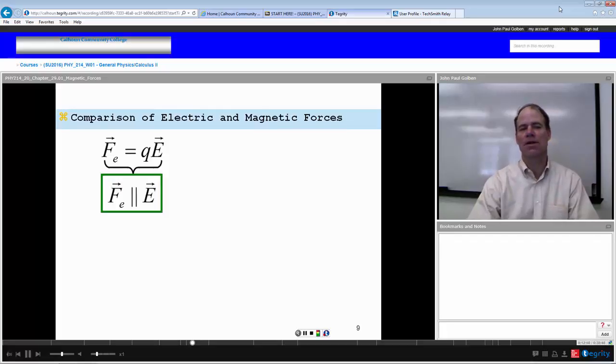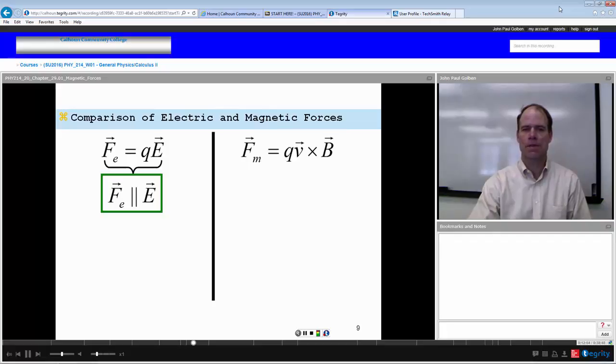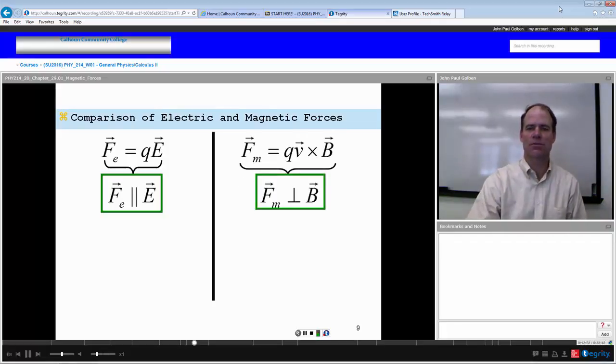So the force would be parallel or anti-parallel to the field, but for a magnetic force, it is going to be perpendicular to the field. So the force will be perpendicular to the field, and for that matter, perpendicular to the direction of the velocity. So it will change the velocity. It will be an acceleration in the sense that it's changing the direction of the velocity, but not its magnitude.